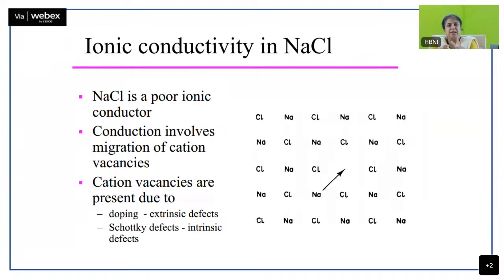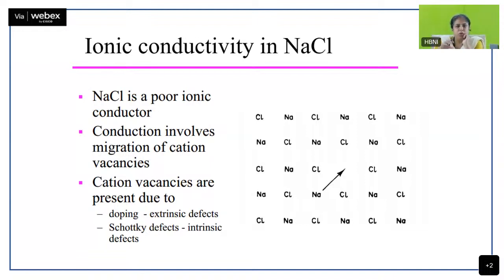Now, NaCl has atoms, and it's a hard solid. Na is a hard cation, Cl is a hard anion. So unless you create some defect, NaCl will not conduct. It is a poor ionic conductor, and I am not talking about NaCl dissolved in solution. I'm talking about NaCl solid at room temperature.